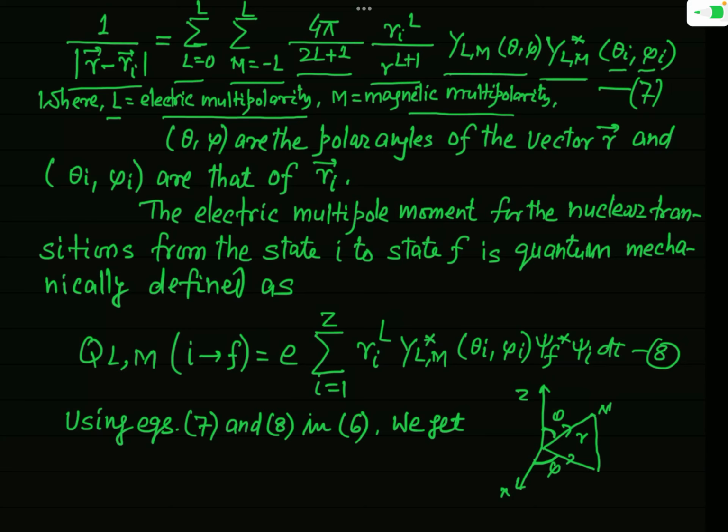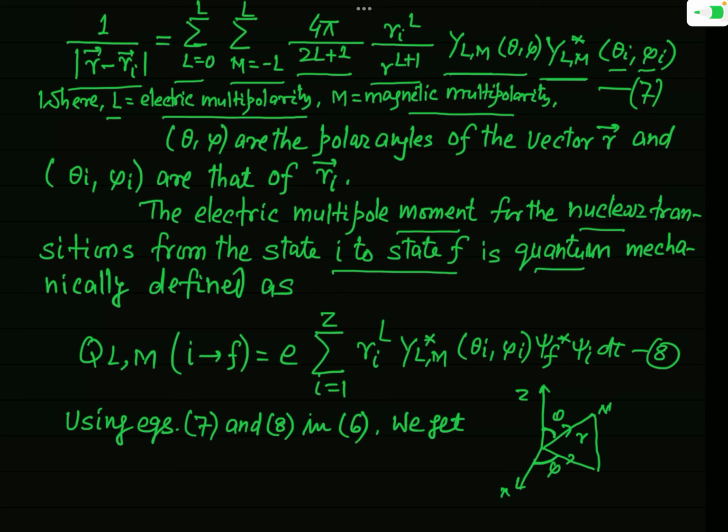Now, the electric multipole moment for the nuclear transition from the state I to F is defined in quantum mechanics. So we will use directly the definition of the multipole moment of a nuclear transition from its initial state to final state, which we have studied in quantum mechanics.